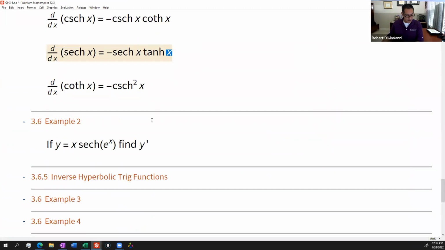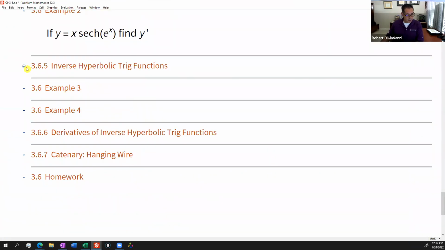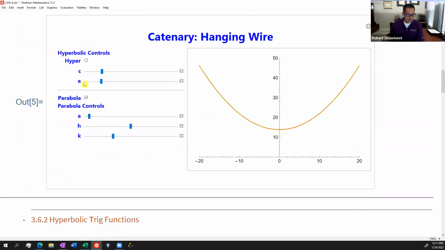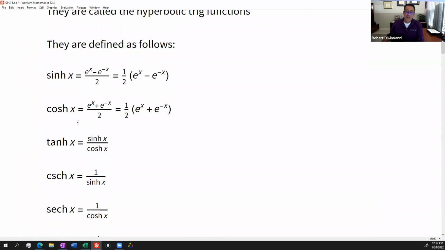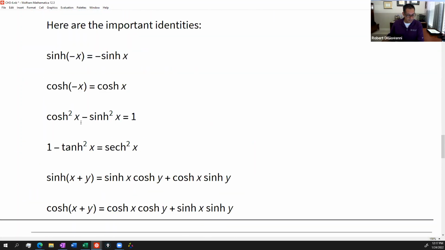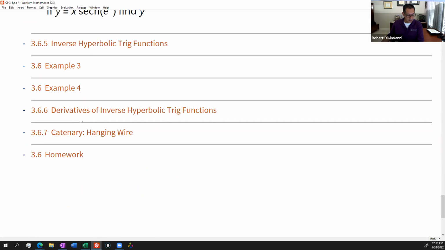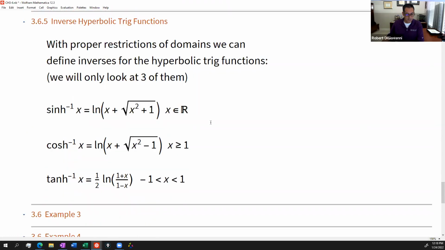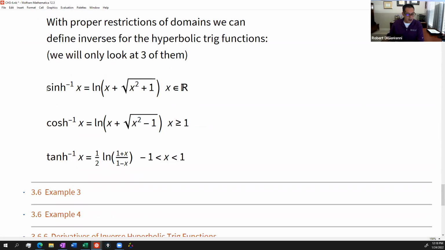Okay. We move on. Each of these 6 hyperbolic functions has an inverse. And here's what they are. The hyperbolic sine inverse function of x is natural log of this.